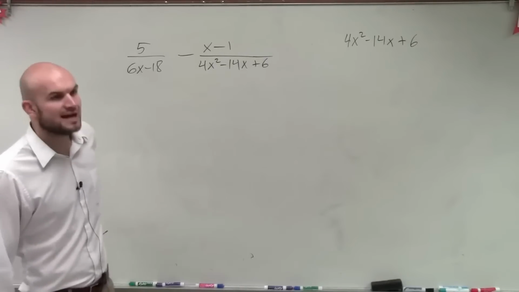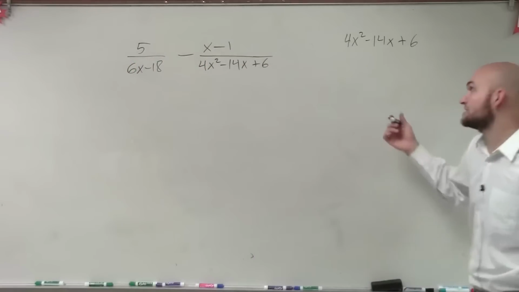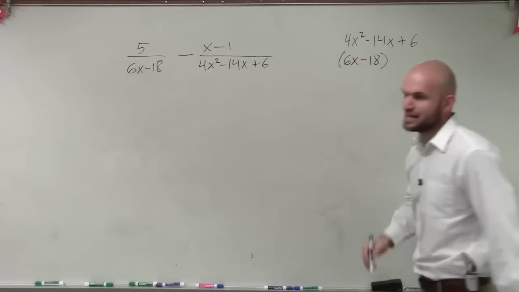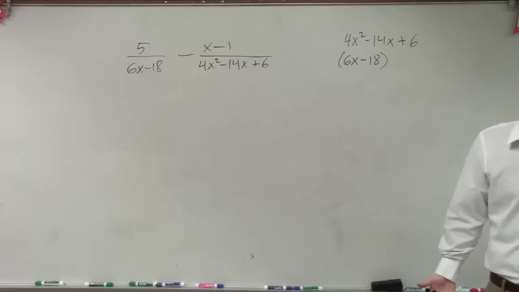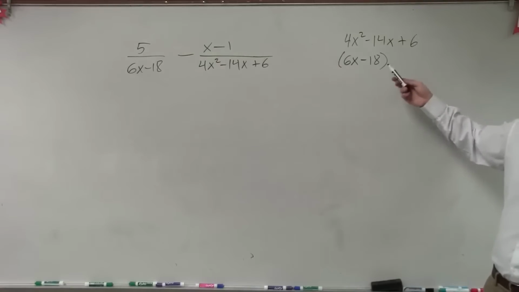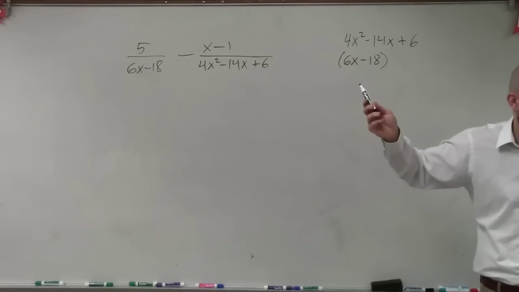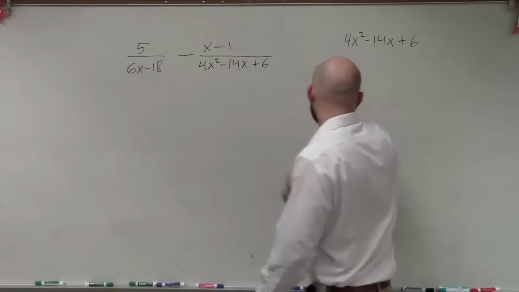Could 6x minus 18 be a factor? It could, but that means your other factor is going to have to be a very small fraction, because you have to multiply 18 times something to give you 6, right? Yes? Okay. Good job, Ryan.